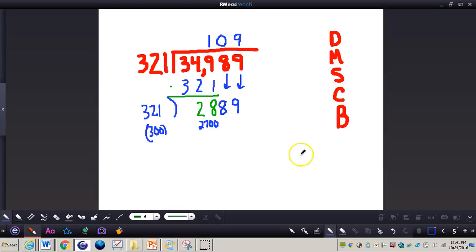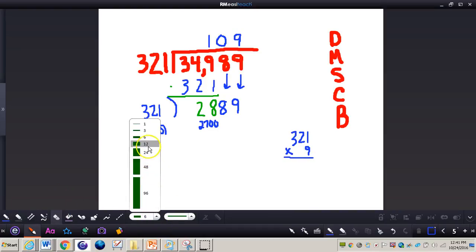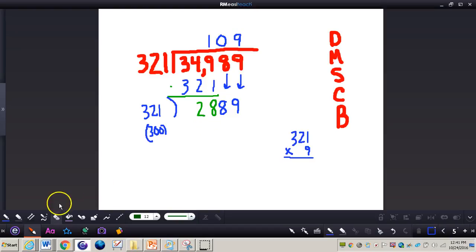Now it's time to multiply. 321 times 9. And do this right off to the side. I'll even erase this as well. So 321 times 9. 1 times 9 is 9. 9 times 2 is 18.